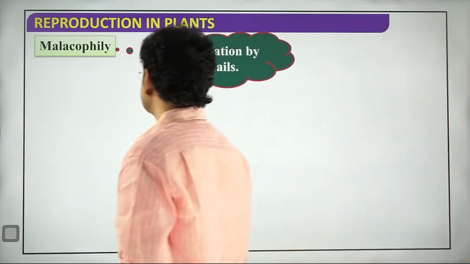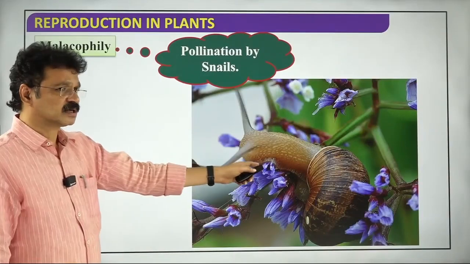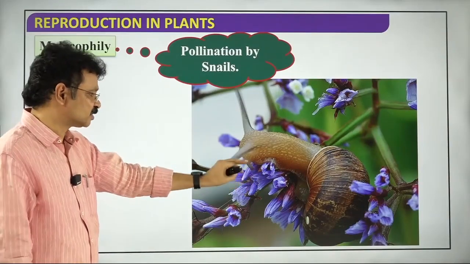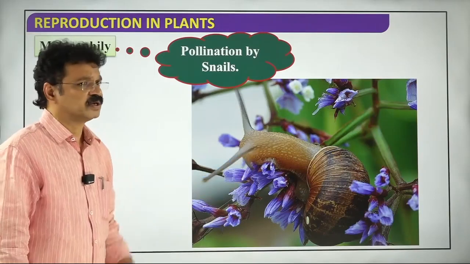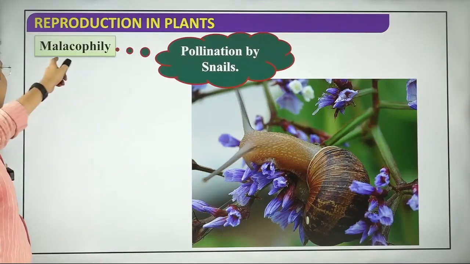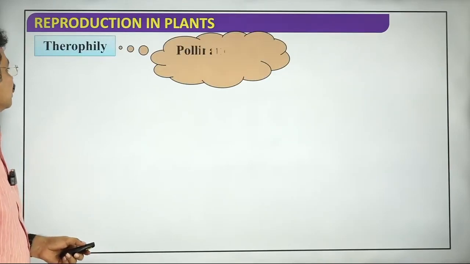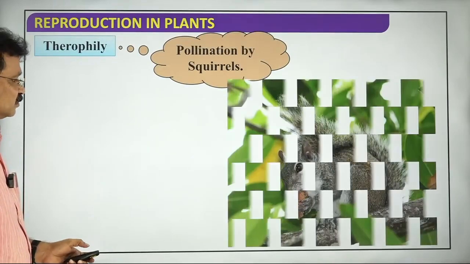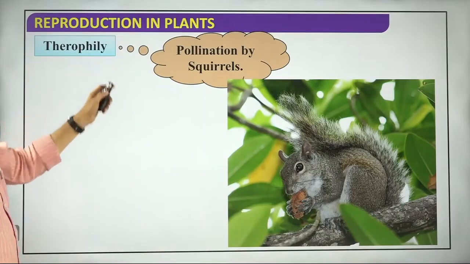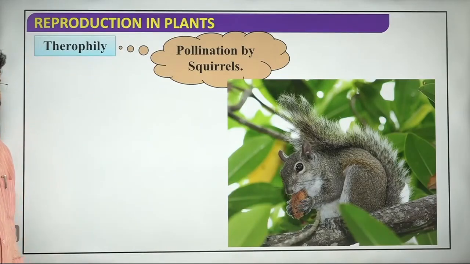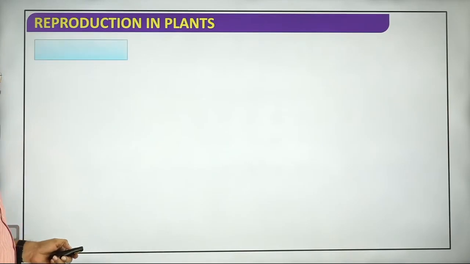Next, pollination by snails. Snails also act as pollen transferring agents in small herbaceous plants. By snails, malacophily. Next, pollination by squirrels, therophily.